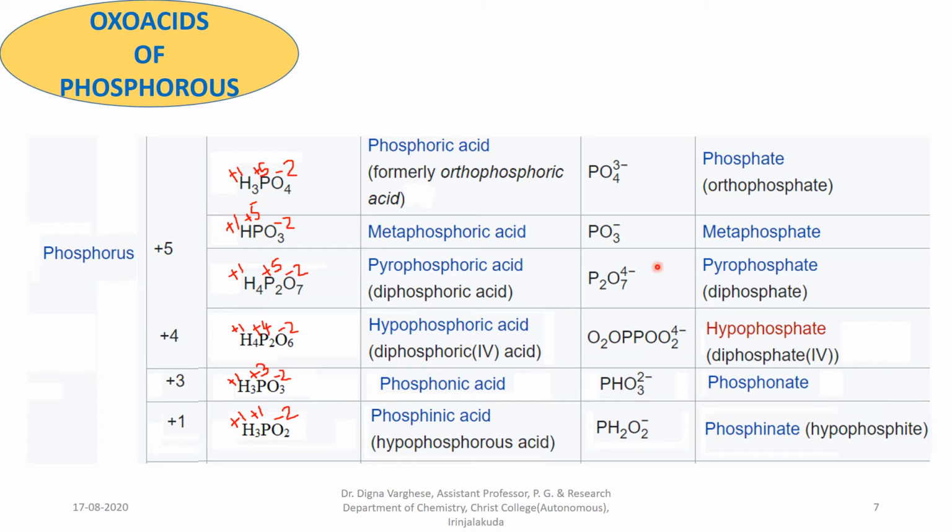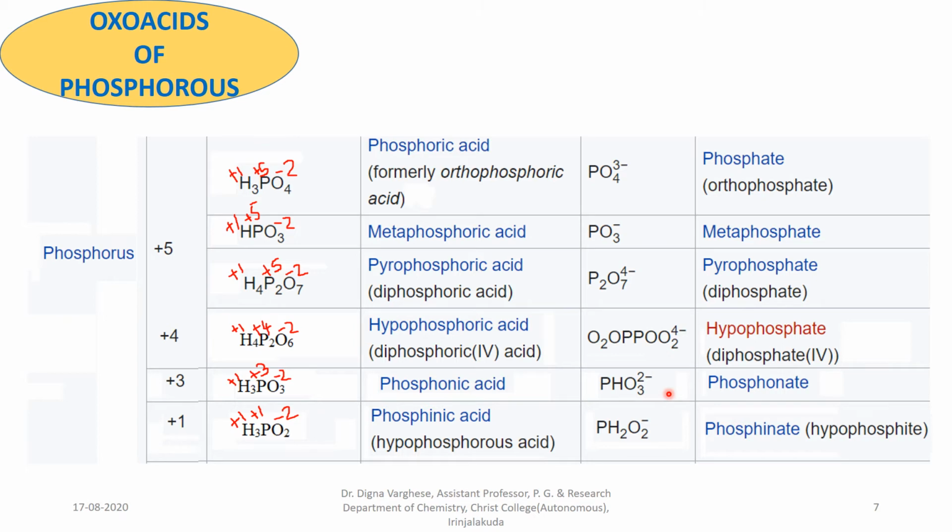When these acids dissolve in water, they ionize and give anions. Orthophosphoric acid gives phosphate, also known as orthophosphate, so it acts as a tribasic acid. Metaphosphoric acid gives metaphosphate and acts as a monobasic acid. Pyrophosphoric acid gives the pyrophosphate anion and acts as a tetrabasic acid. Hypophosphoric acid gives the hypophosphate ion, but it is not isolated.